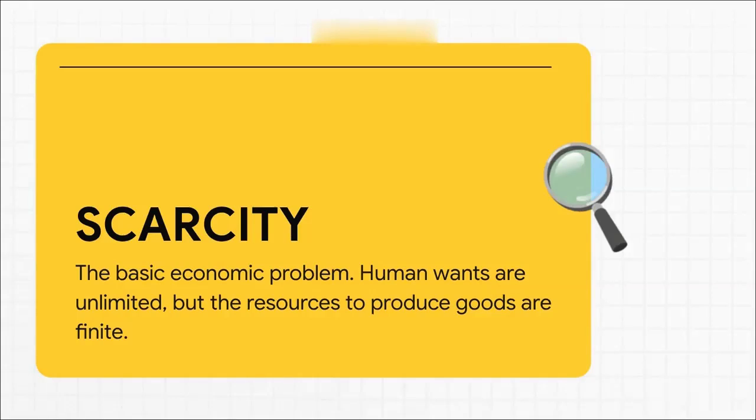Scarcity is not the same thing as being poor. It affects everyone. Billionaires, backpackers, you, me, everyone. It's just the basic, unchangeable rule of the world. There isn't enough of everything for everyone to have it all for free. And because of that one single fact, we have to choose.